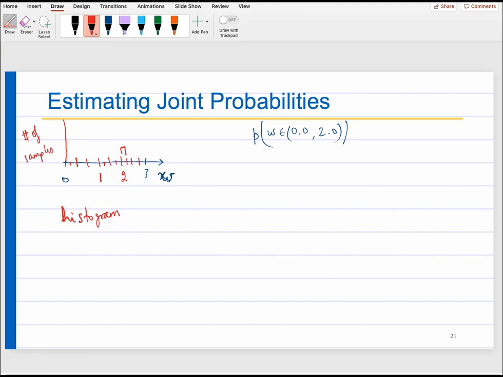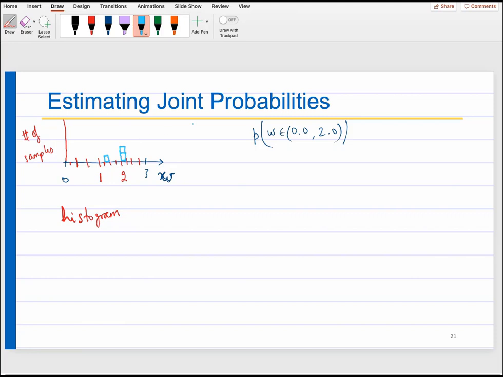Let's say if I observe a width of 2.1, it lies in this bin, so this bin will get 1 block, right? Now I observe another width of 2.2, which again lies in this bin, so this will get 2 blocks. Now I observe another width of, let's say, 1.3, which lies in this bin, so I will make 1 block here.